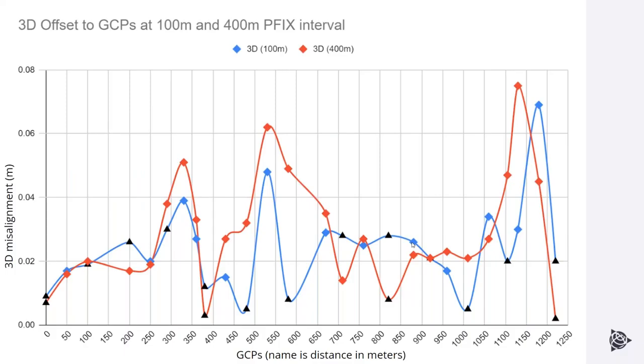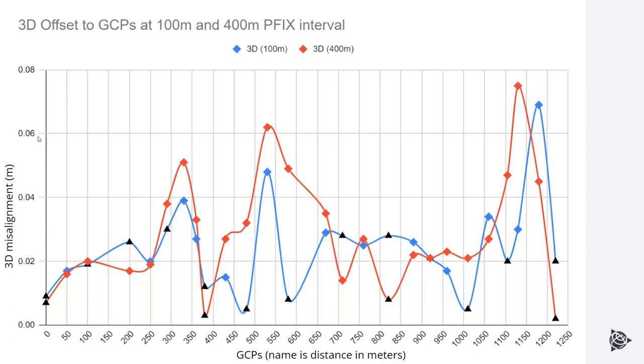Because we had a very dense distribution of GCPs in the States, we could test how different intervals of pfixes affected the trajectory and the accuracy. Let's start with the axes.